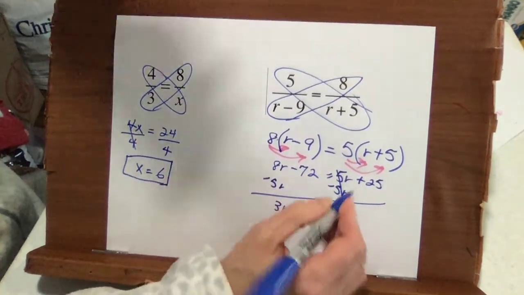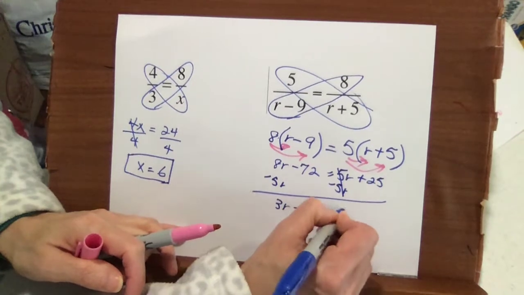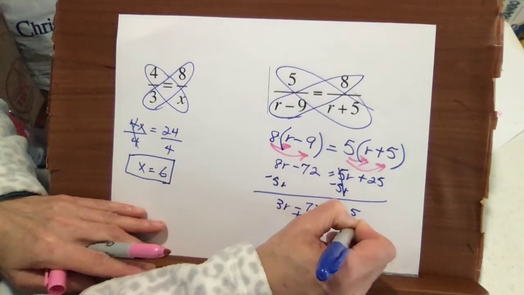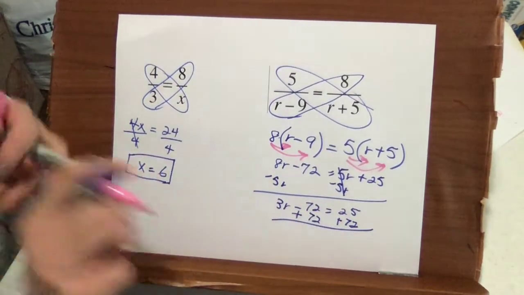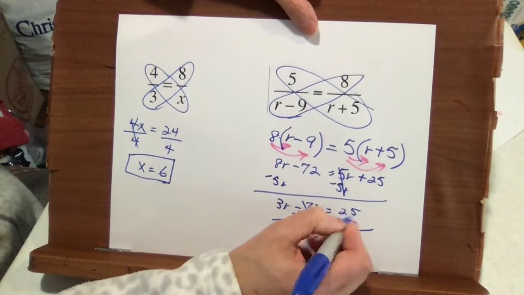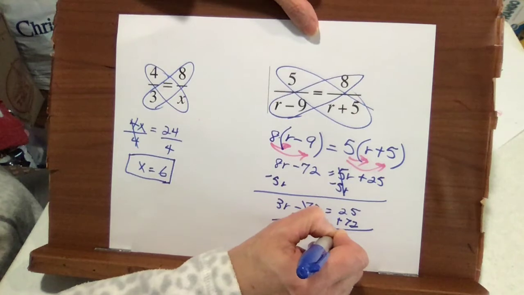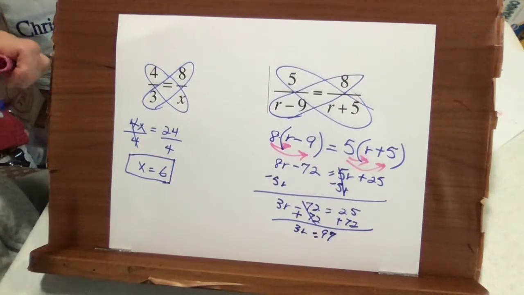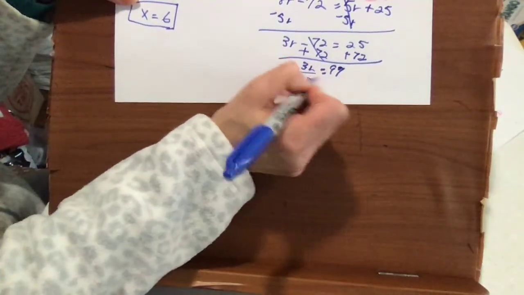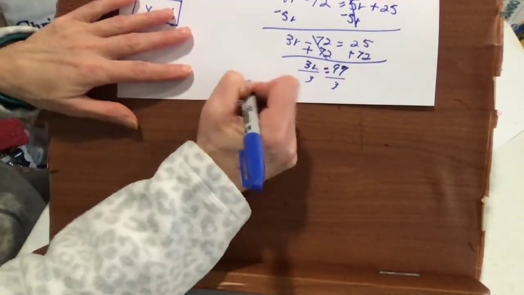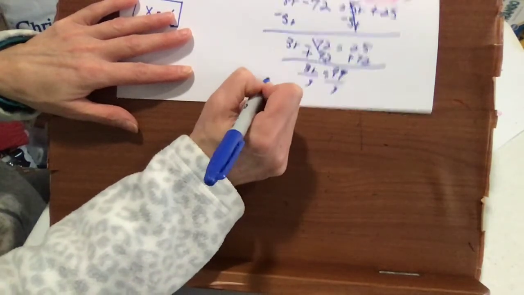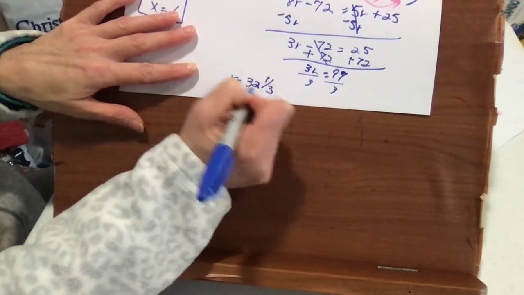We're going to get 3r minus 72 equals 25. We add 72. We're going to get 3r equals 97, it looks like. Okay. And now we're going to divide by 3. And we get r equals 97 divided by 3 is 32 with 1 remaining, so 32 1/3.